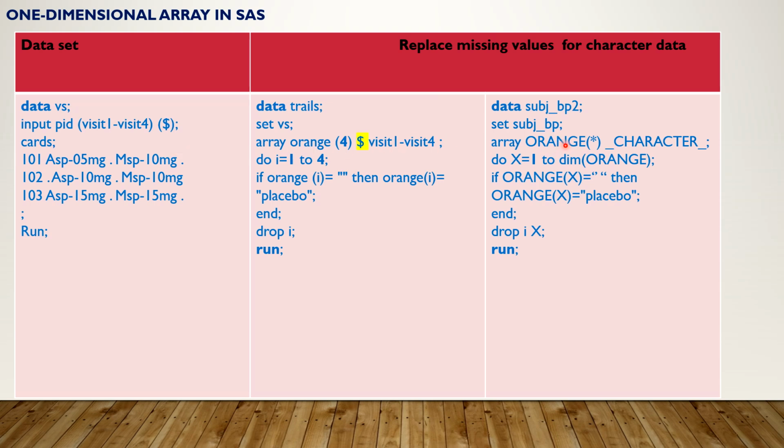We can write like lab or something. The array name should be 8 characters maximum. Then do x is equal to 1 to dim of orange. If orange x is equal to missing, then orange x is equal to placebo, end. Okay, then drop I comma x.